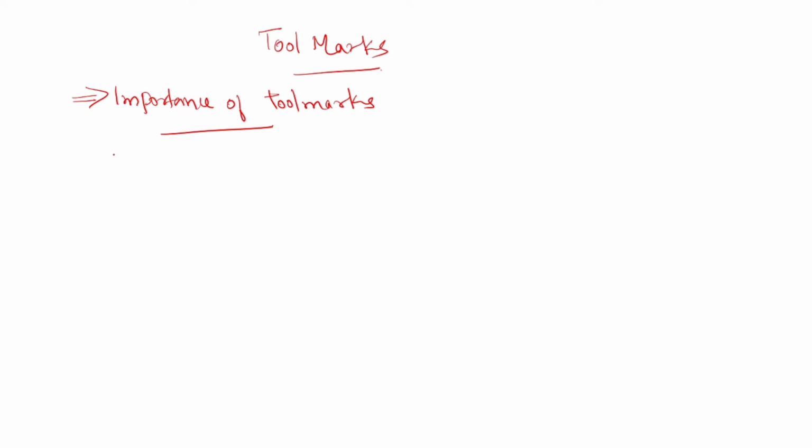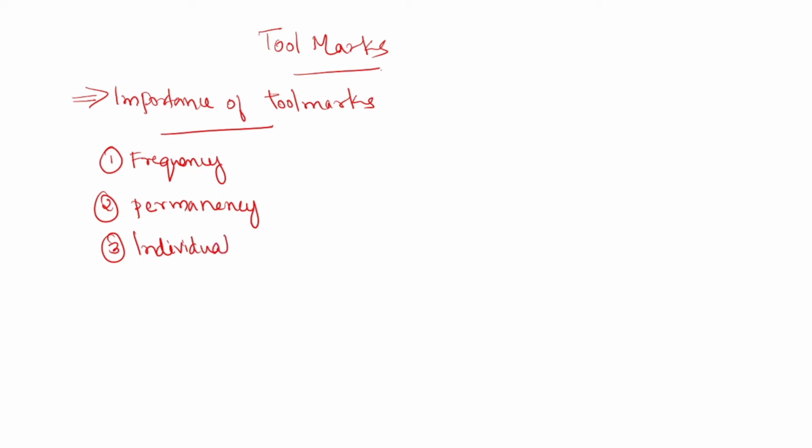Coming to the importance, or the peculiarities or characteristics of tool marks, we can talk about five peculiarities. The first one is frequency. Second, permanency. Third is individuality. Fourth is linkage.